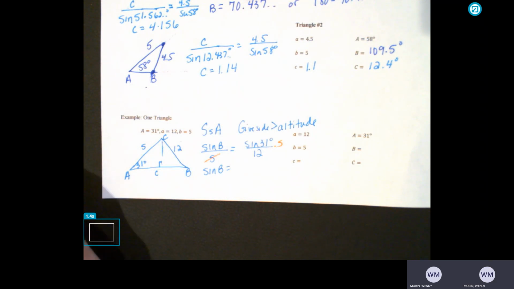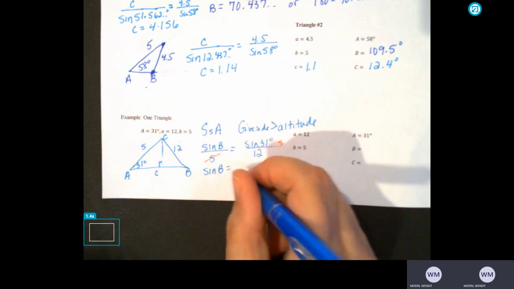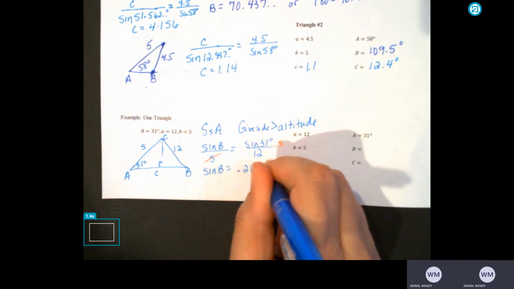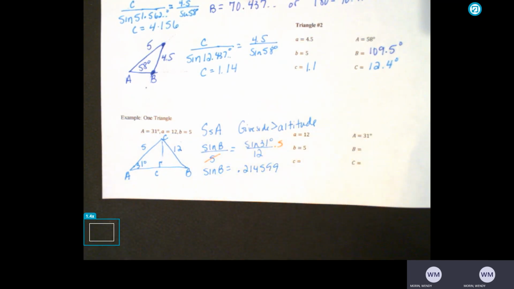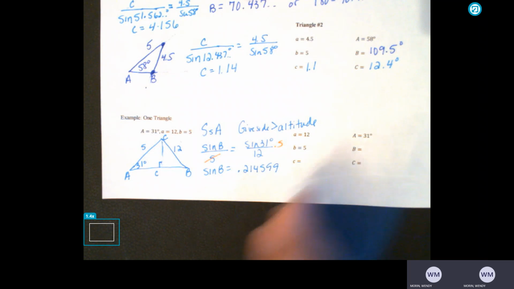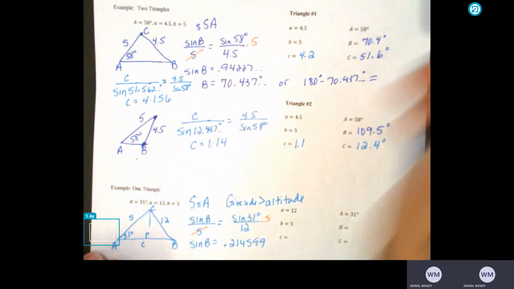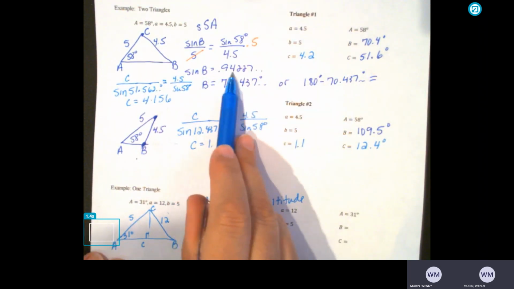And again, feel free to pause the video at any time if I'm going too fast. When you multiply both sides by 5, you end up getting 0.214599. Well, that's possible. And it's going to say, well, you're supposed to get 2 answers, because up here, we got 2 answers.